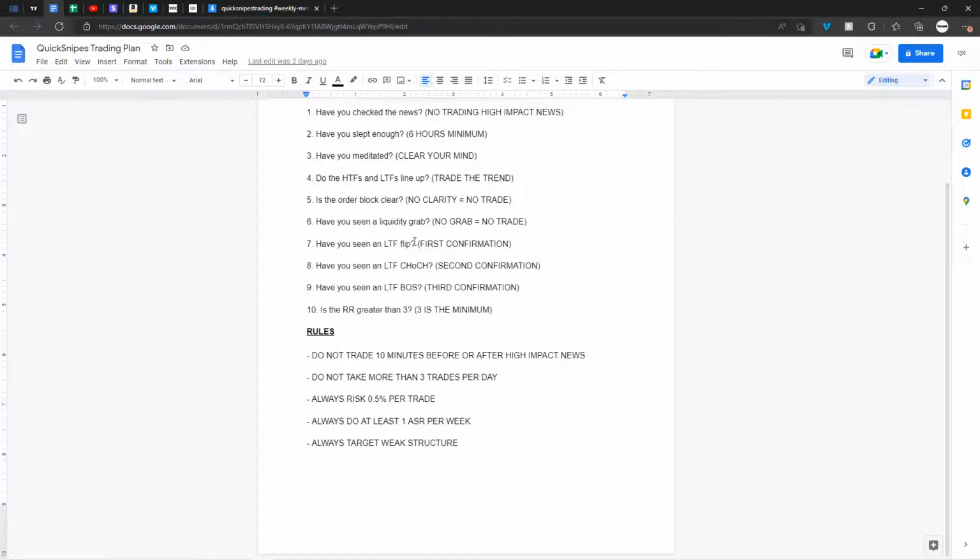Yes, that means you'll be missing out on a bunch of trades that will probably hit take profit, but it also means you're sifting out those trades that are guaranteed to hit that stop loss. Yes, you might only be taking 1 or 2 trades per week, but the chances of those hitting take profit is, I guarantee you, 90% or more higher than just taking every entry with 1 confirmation. Because you have so many barriers stopping you from trading, you're only entering the best trades.